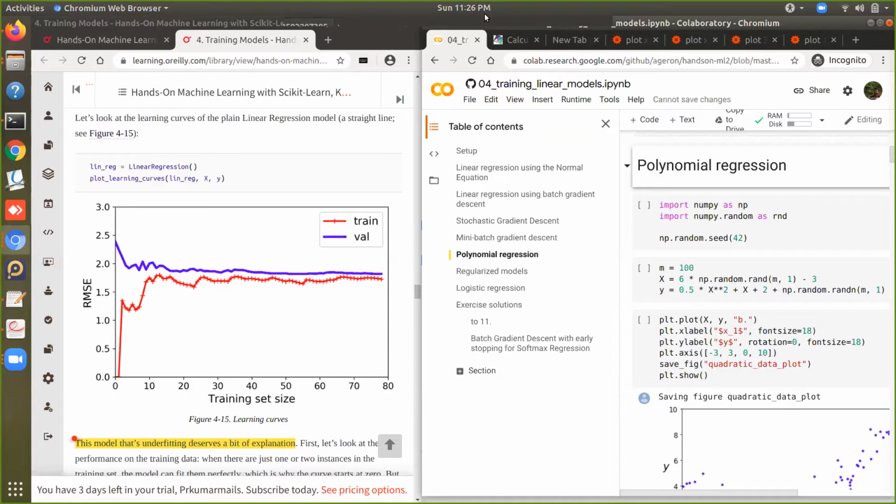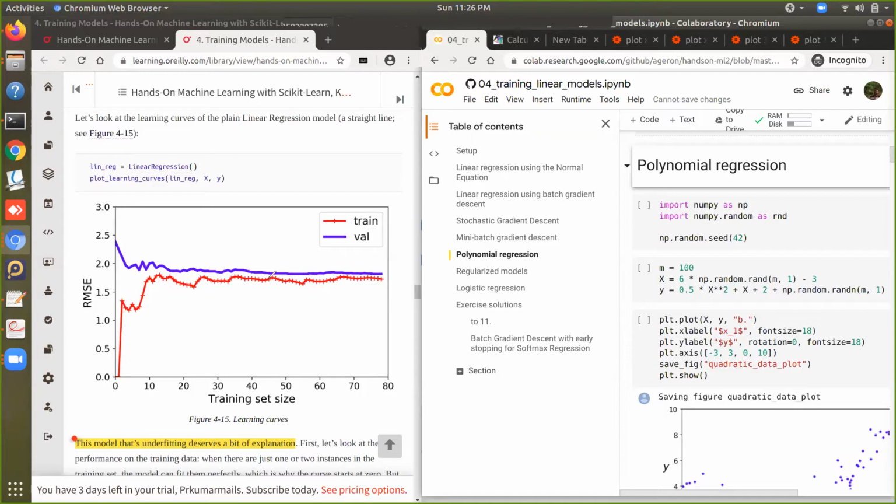Underfitting means that once you train your model on the training data, then with the trained model you are once again making a prediction on the training data itself. The output of this prediction you are comparing with the actual output.